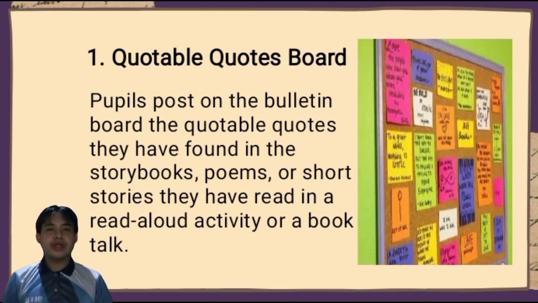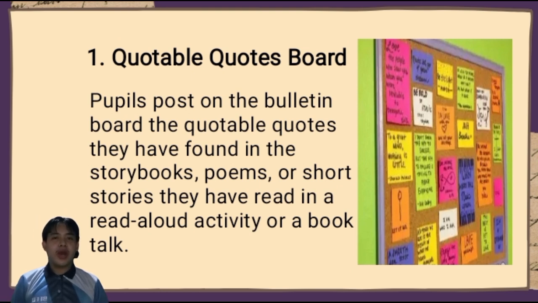Pupils post on the bulletin board the quotable quotes they have found in the storybooks, poems, or short stories they have read in a read aloud activity or a book talk. This is one way to gauge how the literary piece relates to them. As a beginning teacher, you might want to ask them to share why the quotes are quotable for them. In this way, you target critical thinking and oral literacy.